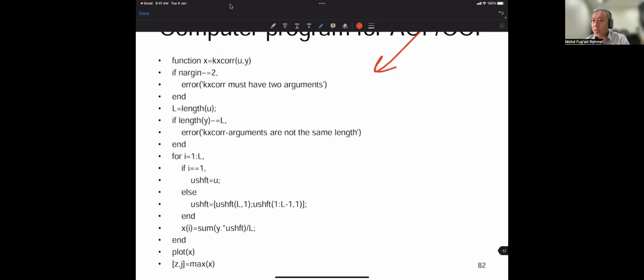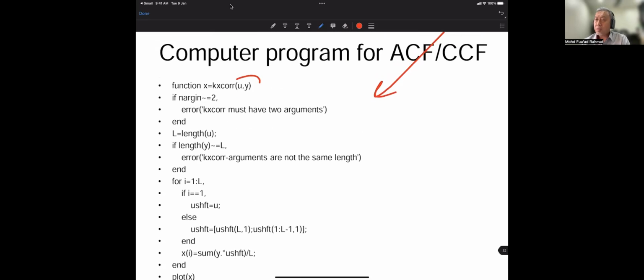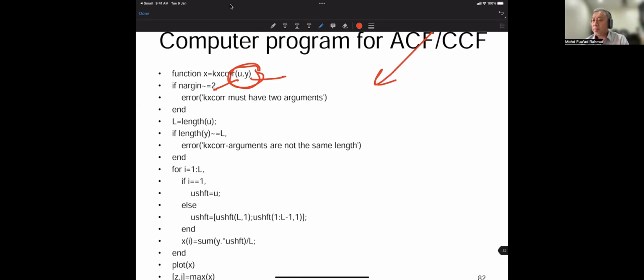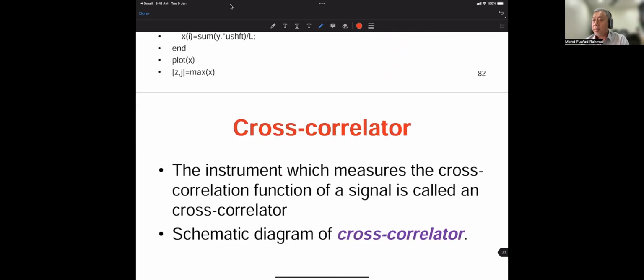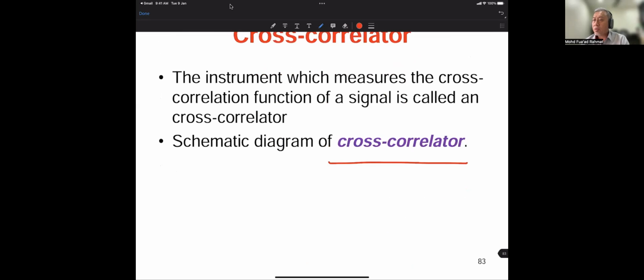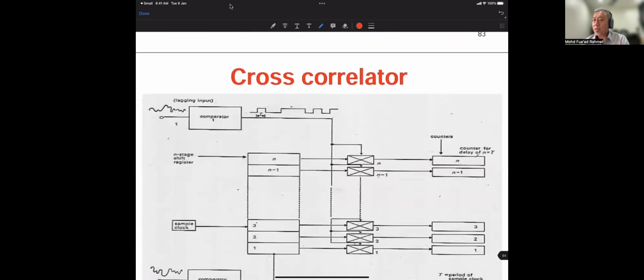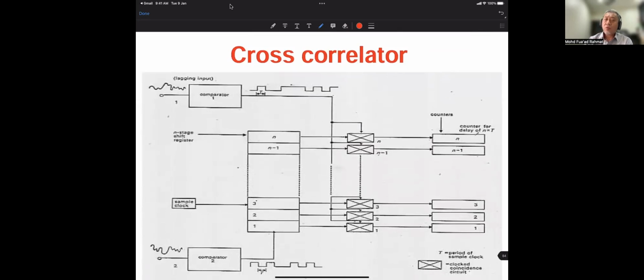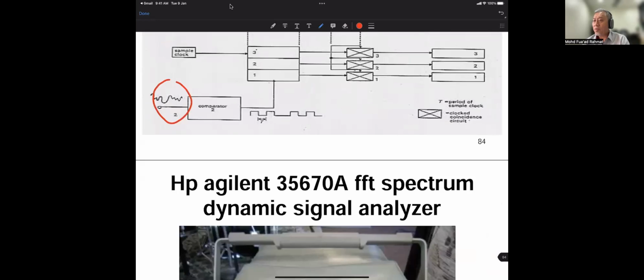The difference between this one and the previous one is we use U and Y: U is the other signal and Y is the second signal, the different signals. The concept is still the same. We have a hardware cross correlator. The schematic is quite different from the autocorrelator, because we have two sources, signal 1 and signal 2, both different. They go to the comparator, the shift register, then the multiplication, averaging, and plotting of the coefficients.